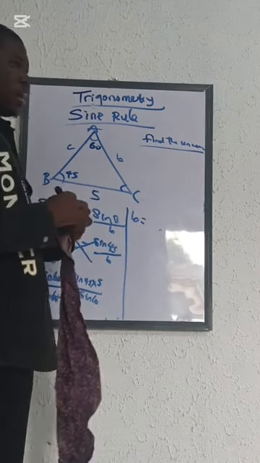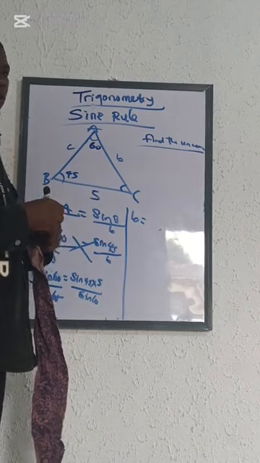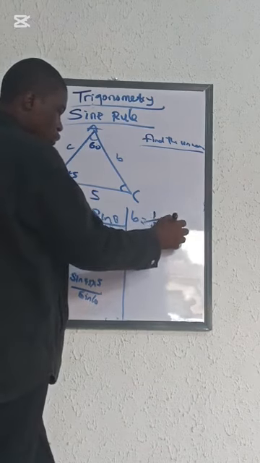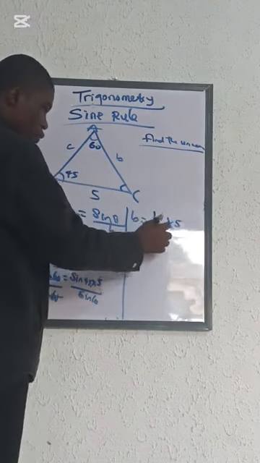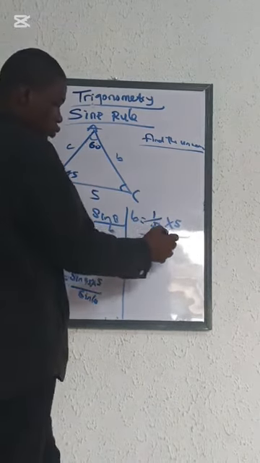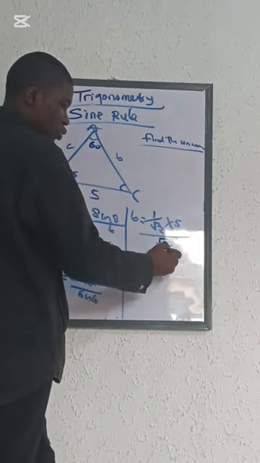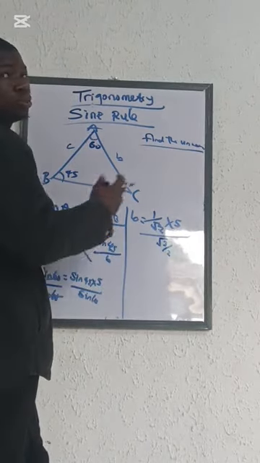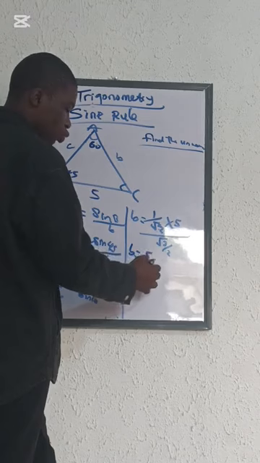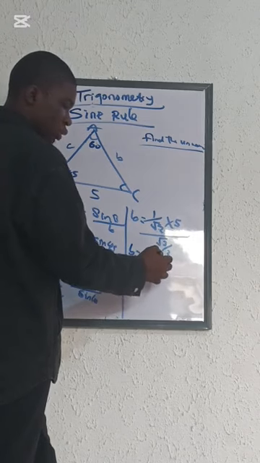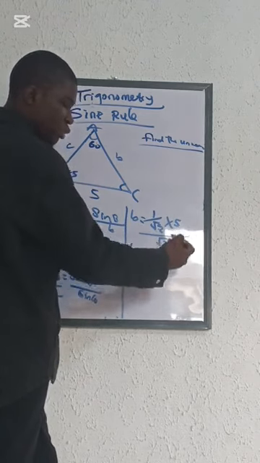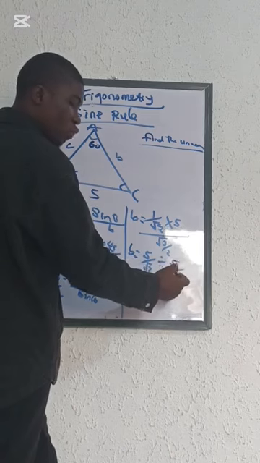Remember our special angles. Sine 45 is 1 over root 2, times 5, over sine 60, which is root 3 over 2. That's because I don't want to use a calculator, right? We have b equals 5 over root 2 divided by root 3 over 2.